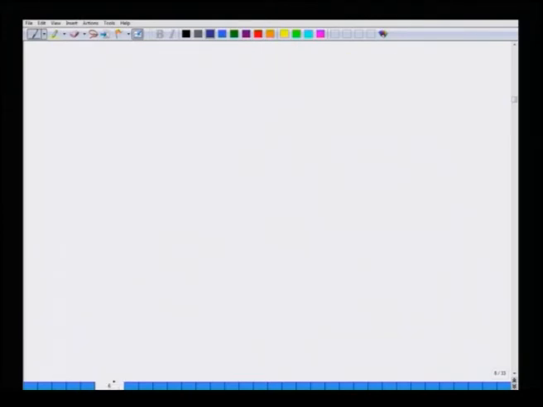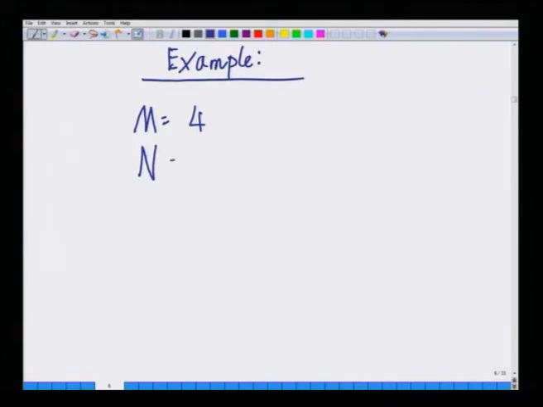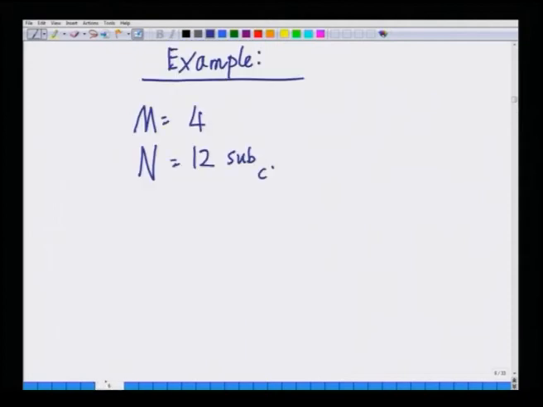As a simple example to illustrate subcarrier mapping, consider M equals 4, that is the size of the M point FFT, and N equals 12 subcarriers. This means I have 4 information symbols x0, x1, x2, x3.